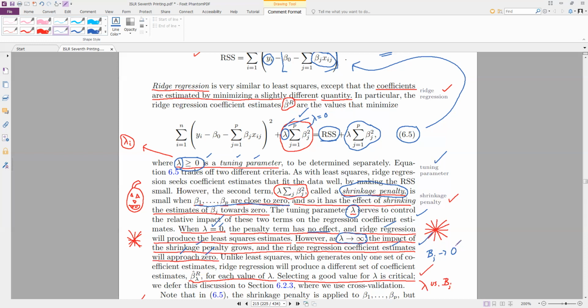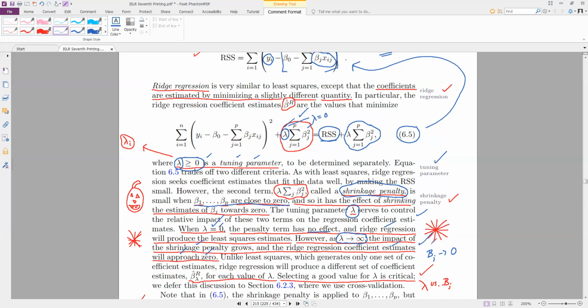So one practical offshoot of this is you're going to be able to hopefully choose a model or a set of predictors that in some sense makes more logical sense. So you can see that ridge regression in this way is a bit of a competitor to best subsets selection, forward regression, and full entry regression.